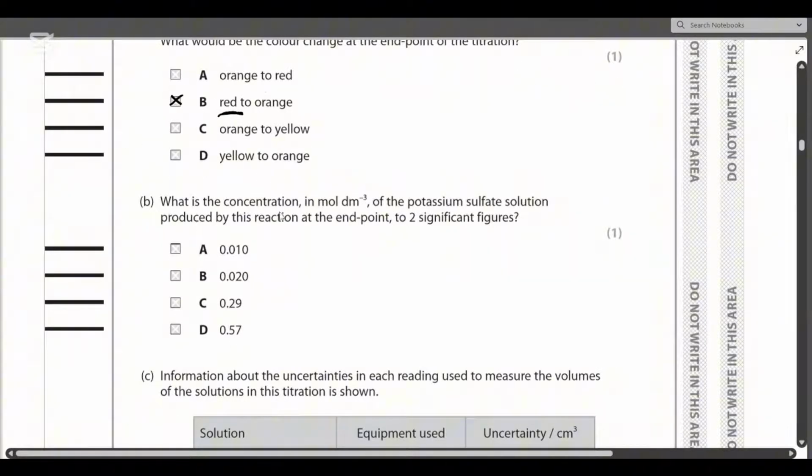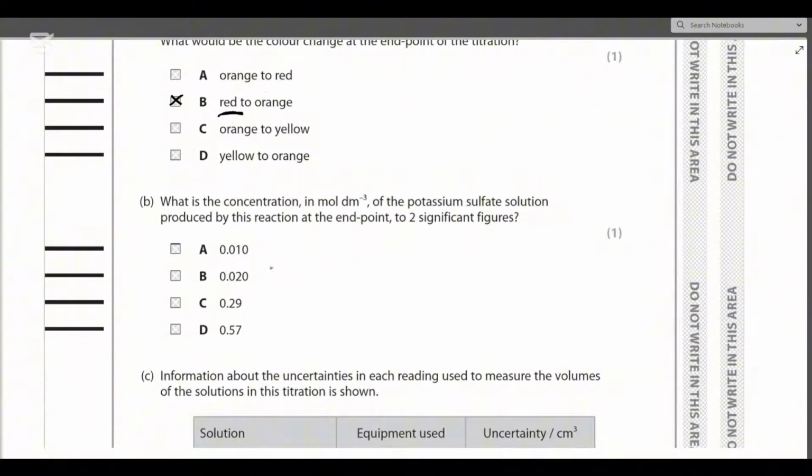Moving on, what is the concentration in mol per dm³ of the potassium sulfate solution produced by this reaction at the end point, to two significant figures? For that, we need to find the balanced equation. It's H2SO4 plus 2KOH, giving us K2SO4 plus 2H2O.